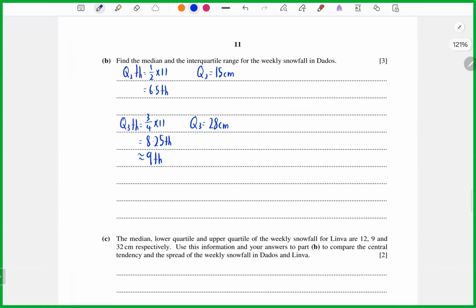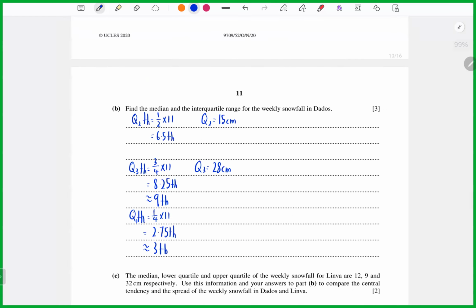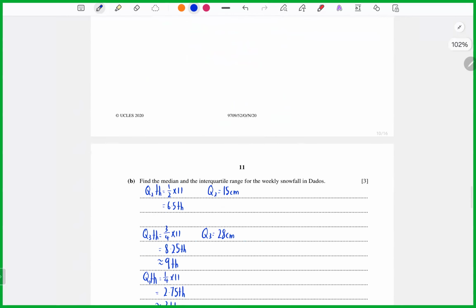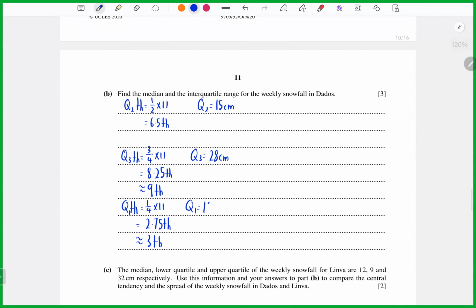And then for the Q1, it is at the 3rd term, so we see it's 10. So Q1 equals 10 cm. And then we need to find the interquartile range. So we take Q3 minus Q1 equals 28 minus 10 equals 18 cm.